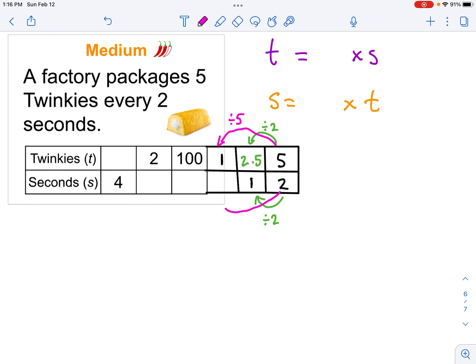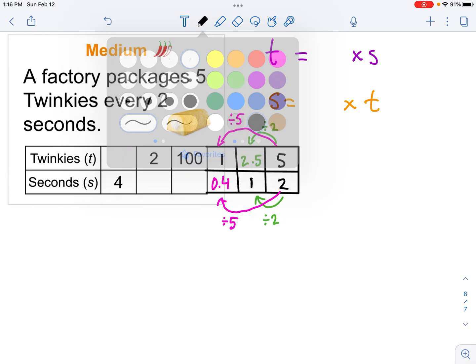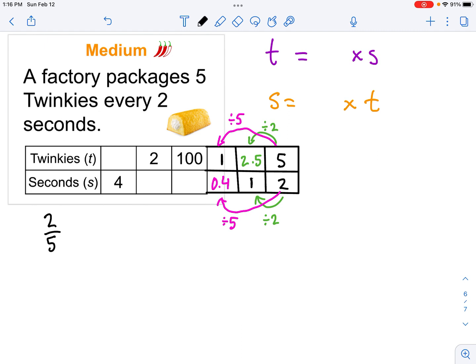To get from 2, well, I also have to divide by 5 to keep it proportional. 2 divided by 5 is 0.4, or 2/5. Now notice my constants of proportionality are 2/5 and 5/2. Oh, again, they are reciprocals.